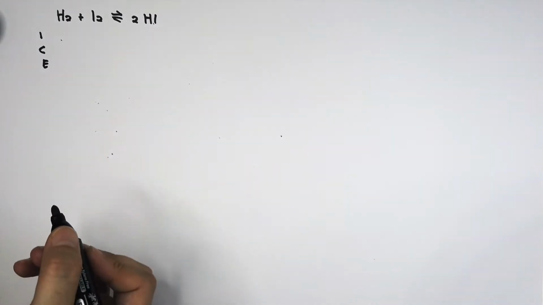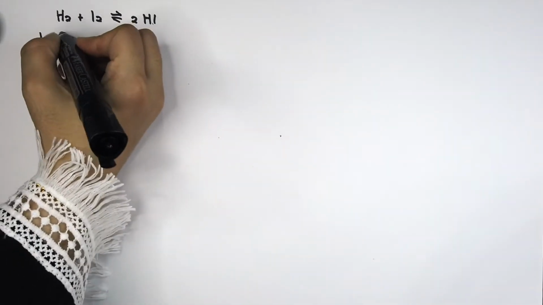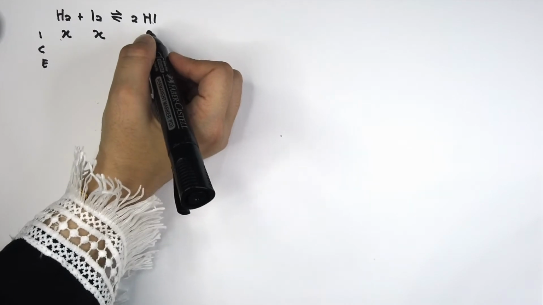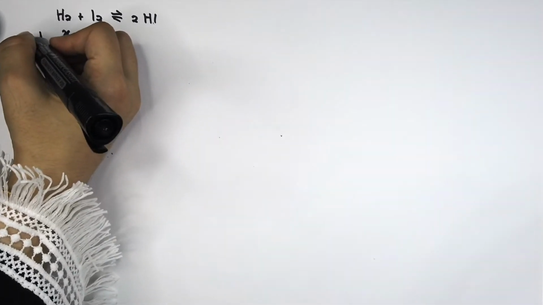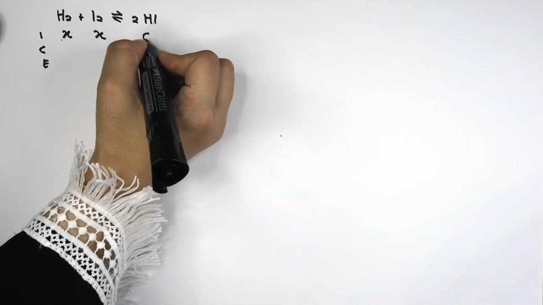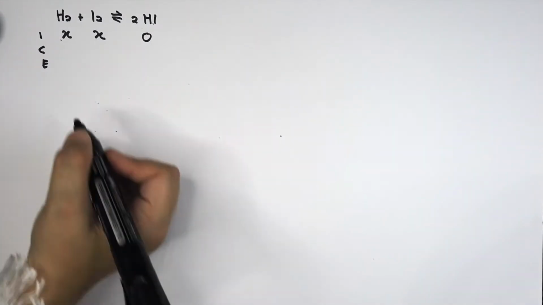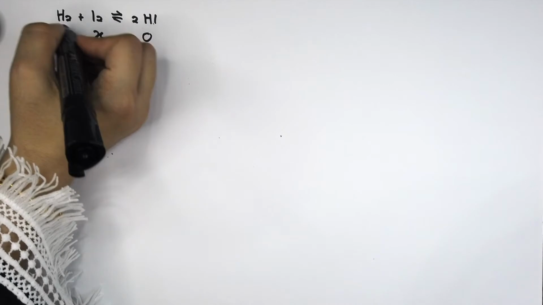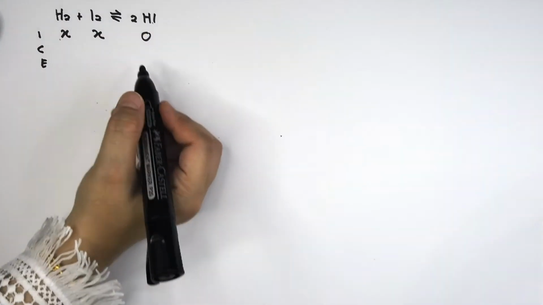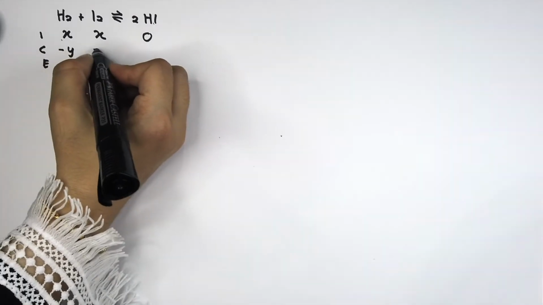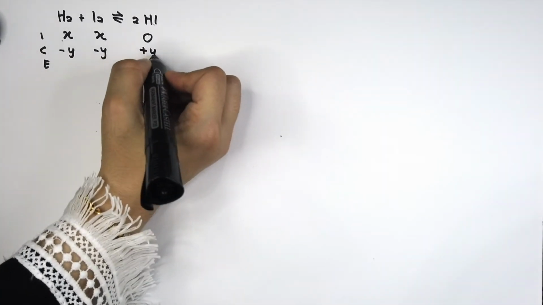In the ICE diagram, you need to know the initial concentration of the reactant, which is not given in the question, so X, and there will be no formation of product in the initial state of the reaction, so 0 here. As the reaction proceeds, some of the reactant shall be used in order to produce the product. Therefore, we have negative Y, positive Y.